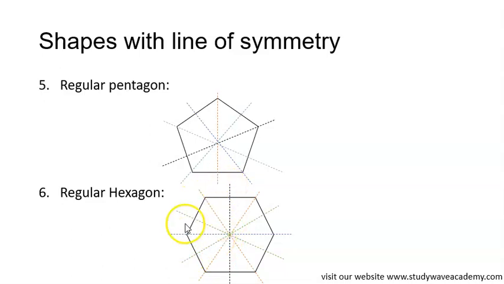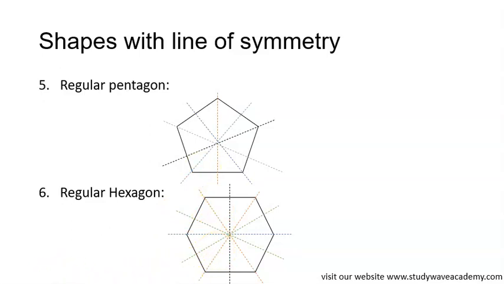We can count it from the outside, okay, if this way confuses you. 1, 2, 3, 4, 5, 6. 6 lines, okay? So a pentagon has 5 symmetry lines and a hexagon has 6 symmetry lines, okay?